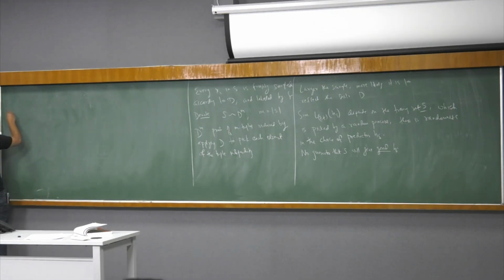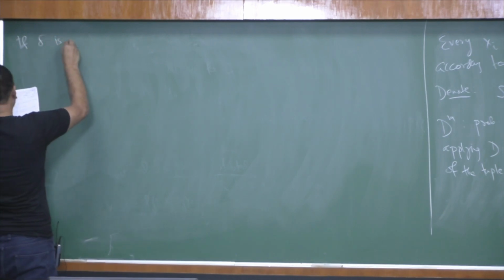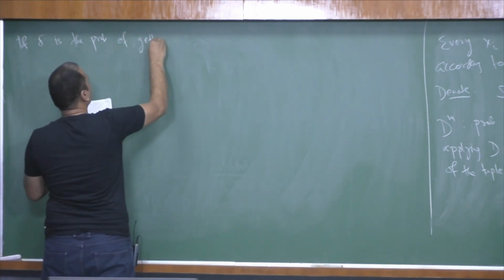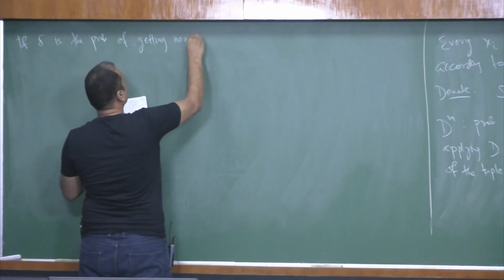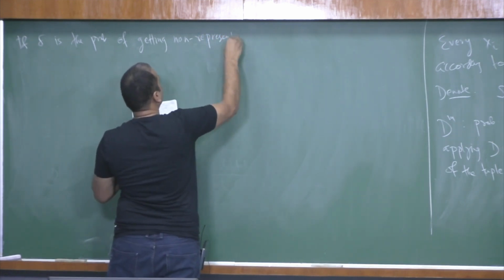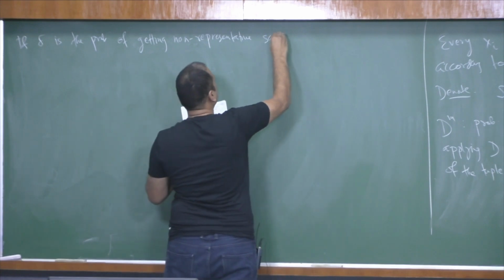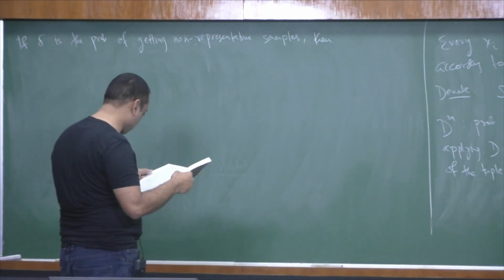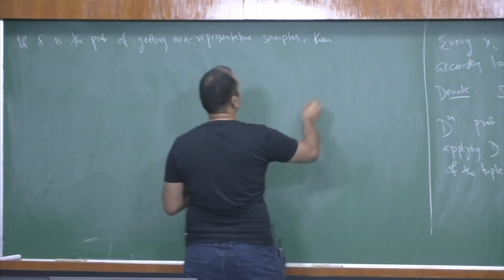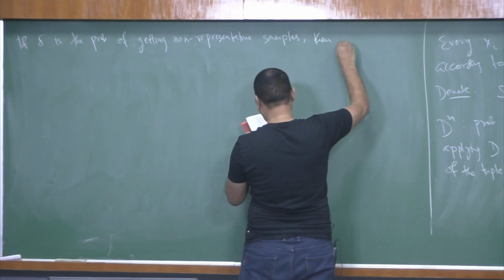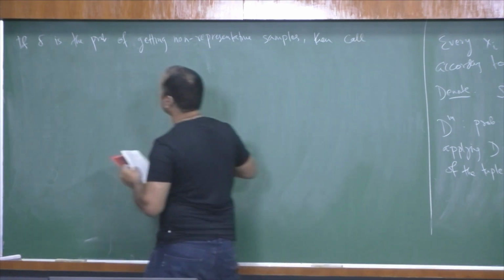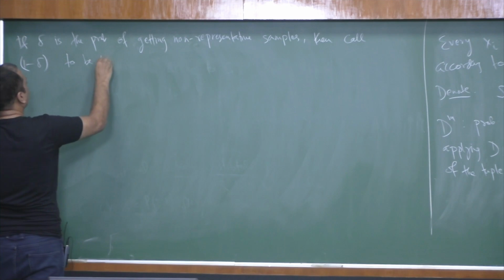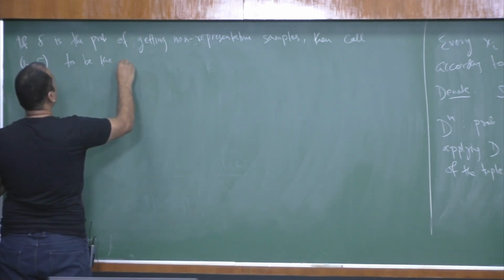So if delta is the probability of getting non-representative samples, then let us define 1 minus delta to be the confidence parameter.